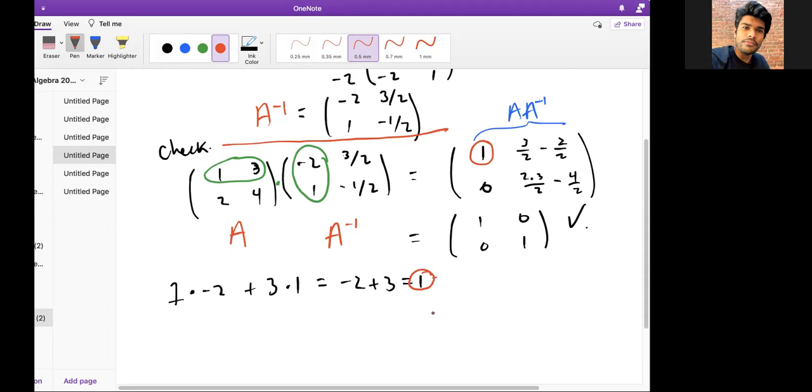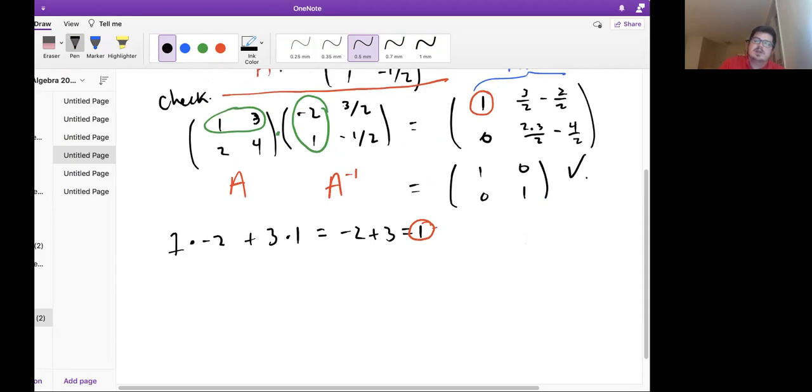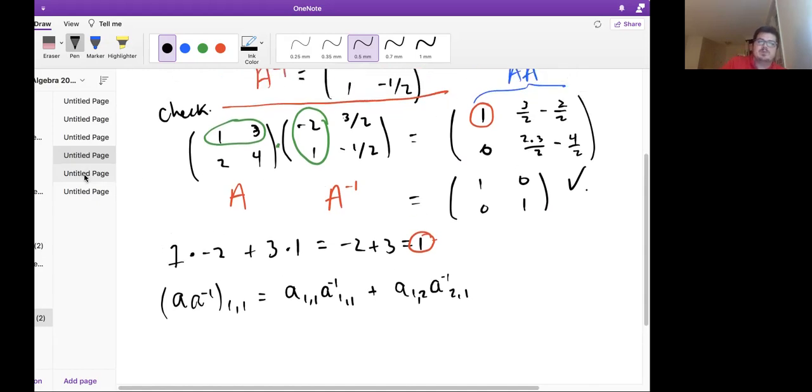Thank you. Oh, it's okay. So the formula for this case, the product 1, 1 would equal a 1, 1 times a inverse 1, 1 plus a 1, 2 times a inverse 2, 1. So it's a similar thing for every entry. We'll do more examples and then we can get the hang of it.